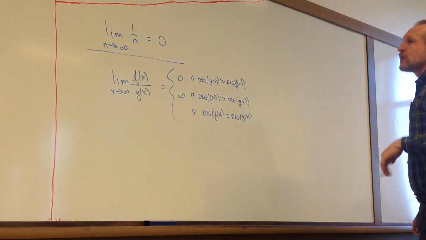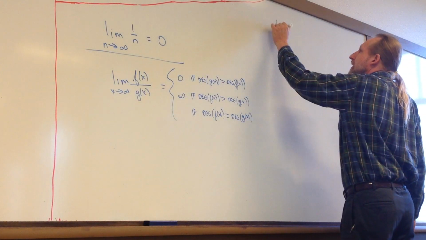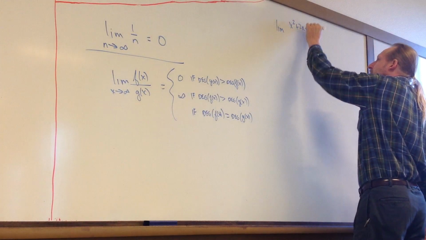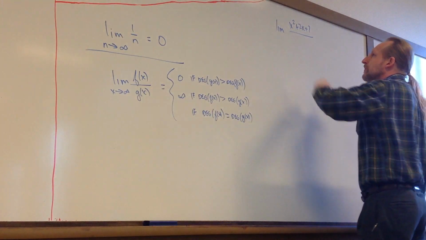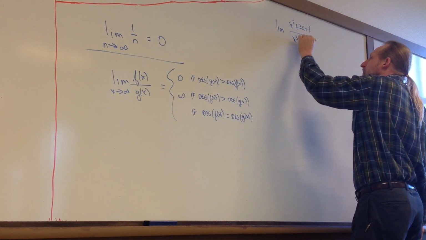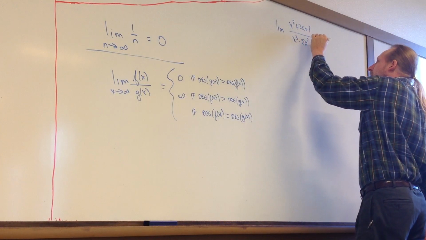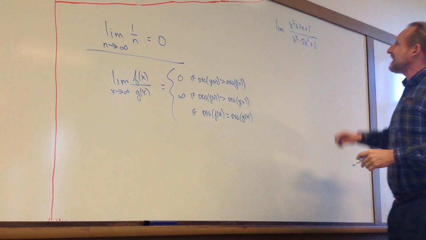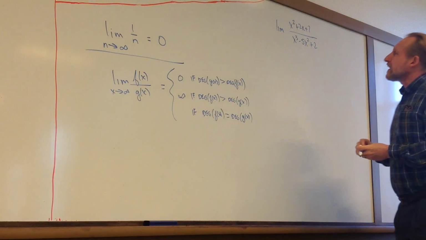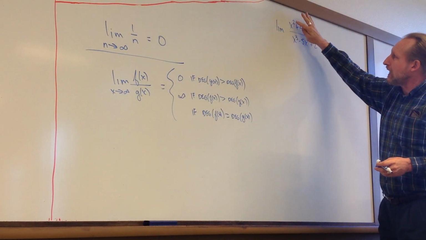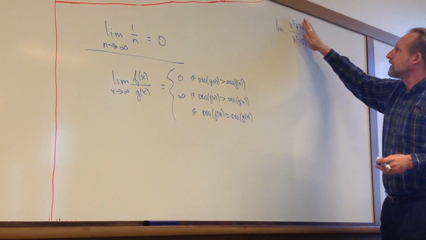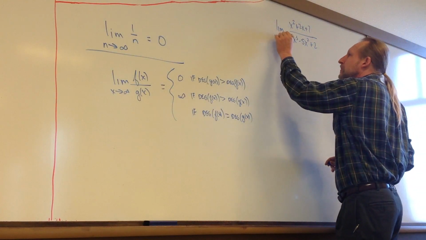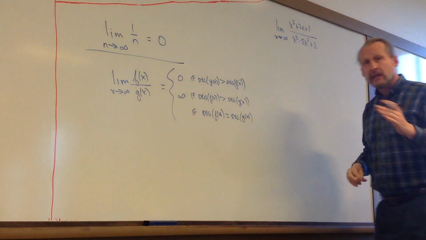Okay. So first off, let's see if we take the limit of x squared plus 2x plus 7 over x cubed minus 5x squared plus 2. Okay? Now, remember that as x goes to infinity, everything except for the highest powers of the variable really becomes meaningless as the value of x becomes infinitely large.